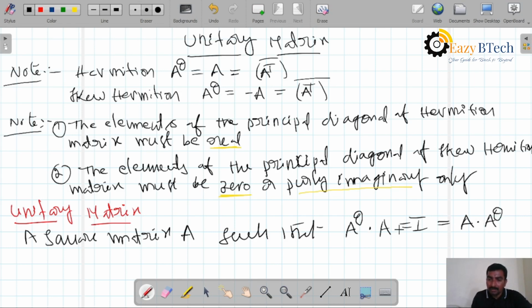A power theta into A equals I, and A into A power theta is also equal to identity matrix. Then this A is called unitary matrix.